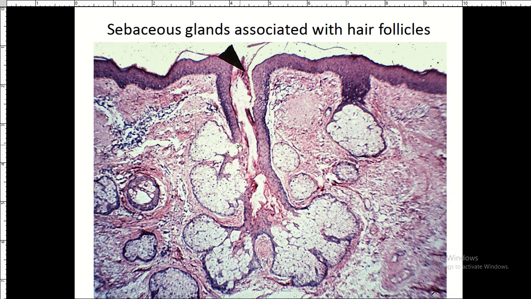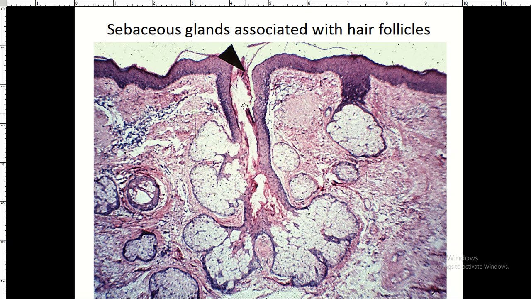And they are mainly abundant in areas like the forehead and your scalp, and they are absent in the soles and palms, right? So what other thing is absent in the soles and palms? Hair follicles, right? So you don't have hair follicles as well as you don't have sebaceous glands, is it?